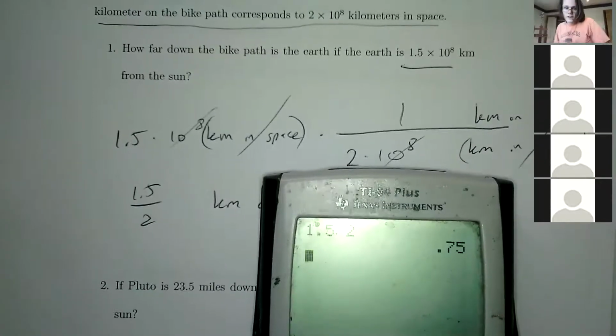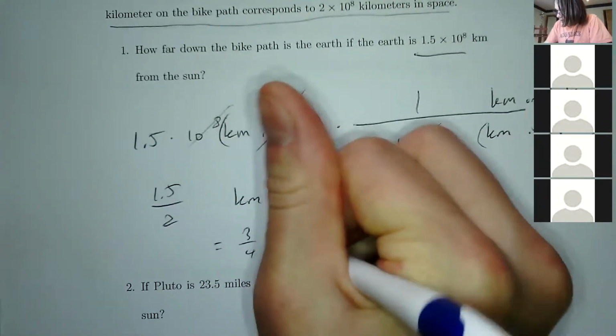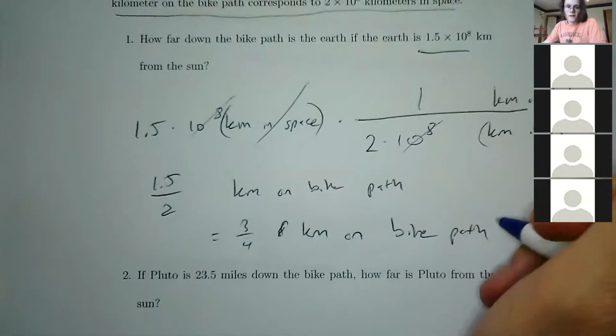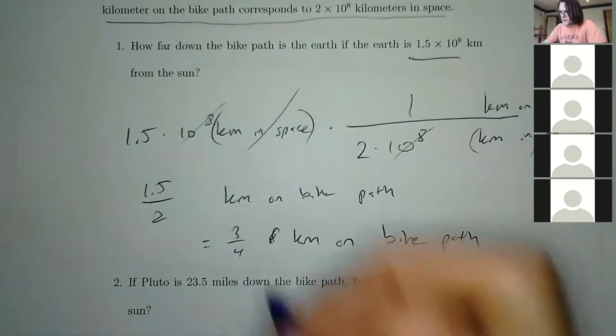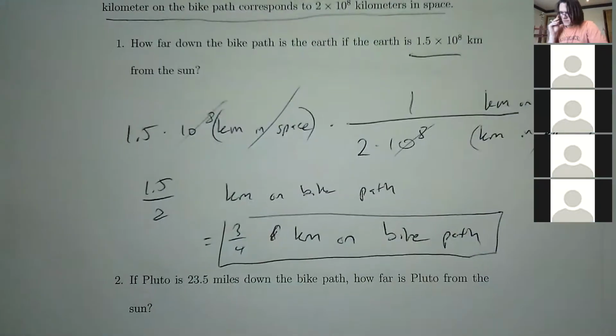So it's just 3/4 kilometers on bike path. Again, you're converting from kilometers on the bike path to kilometers in space, but it's no different than converting inches to feet, except our units here aren't inches or feet, they're kilometers in different settings.